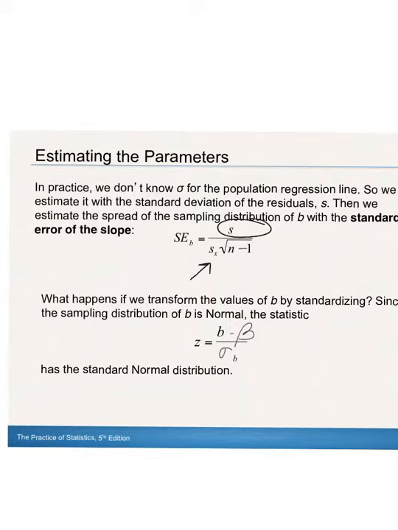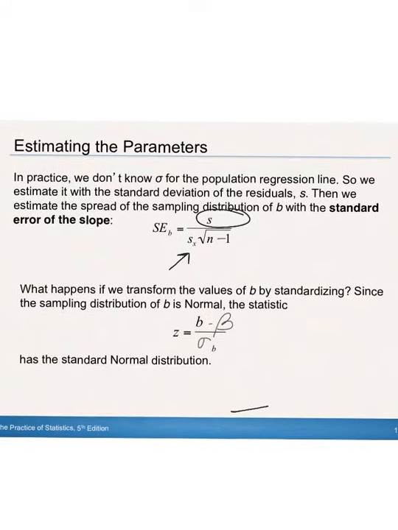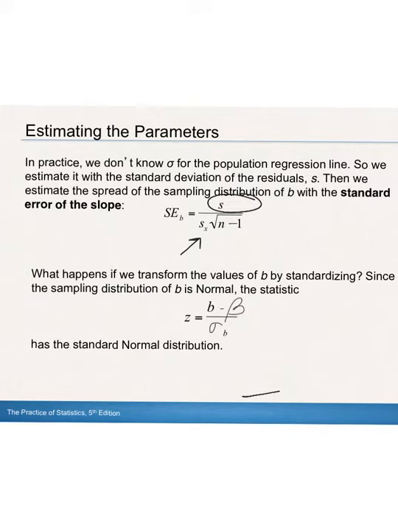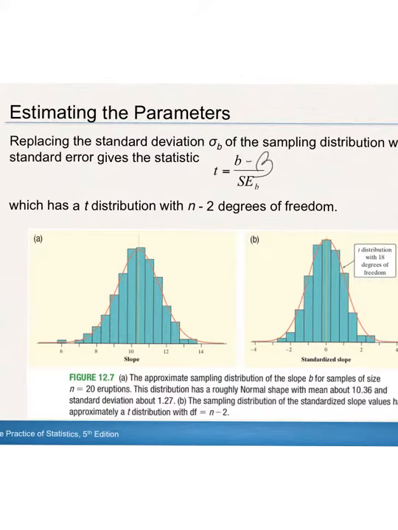And then we can transform the values of b by standardizing, but once again, we don't have that standard deviation of b. Like any time we don't have the population standard deviation, we have to use the sample standard deviations. We end up with a t distribution as opposed to a normal distribution, and we have to pay attention to the degrees of freedom.